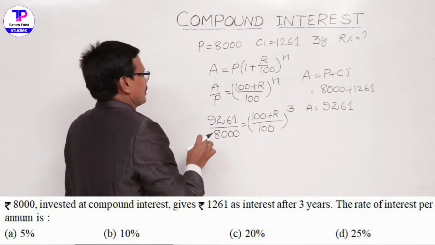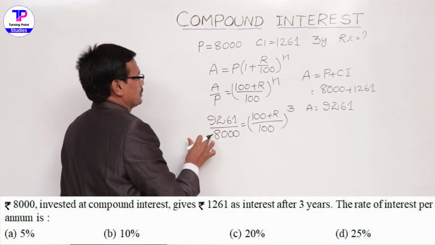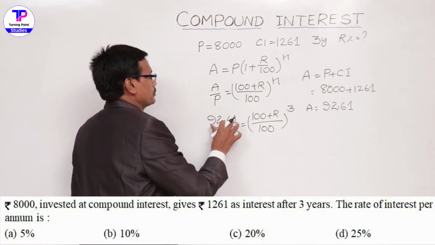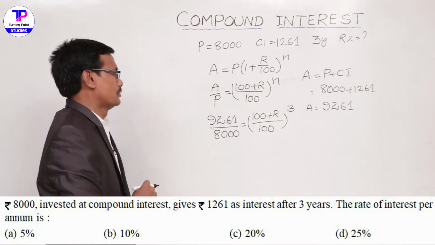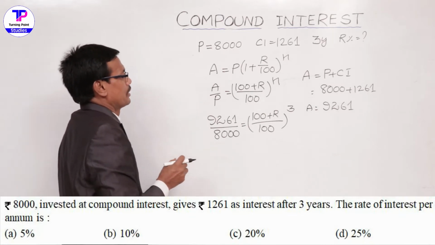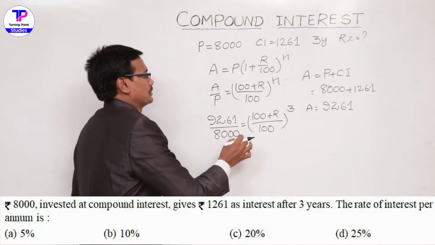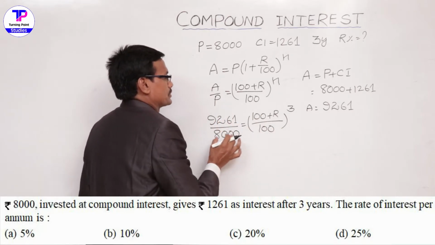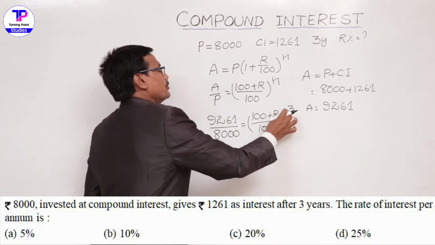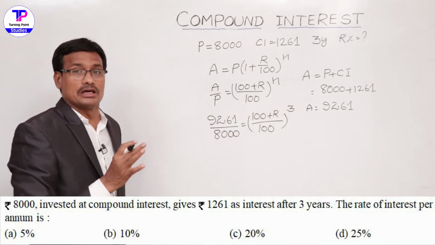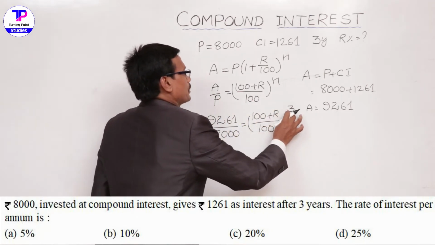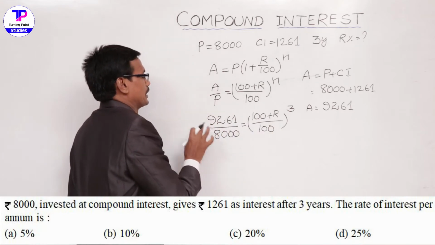Now, is there any common number to cancel 9,261 and 8,000? I think there is none. Now we have to equalize the bases or equalize the powers. But it is not possible to equalize these two terms, so the only option is to equalize the powers. So remember, is there any relationship between this power cube and 9,261 and 8,000? Yes.